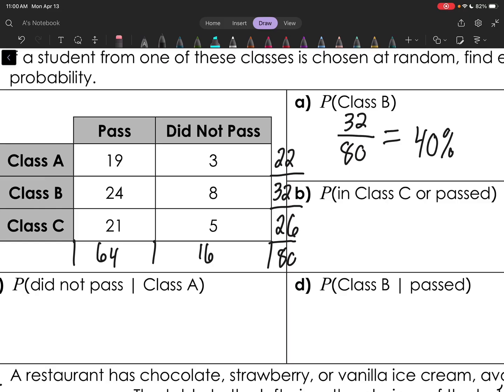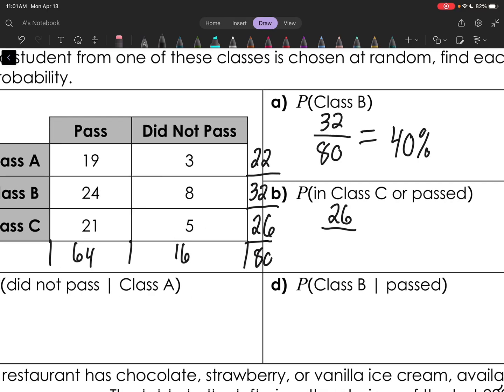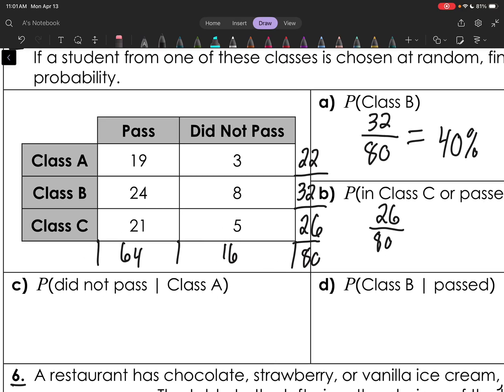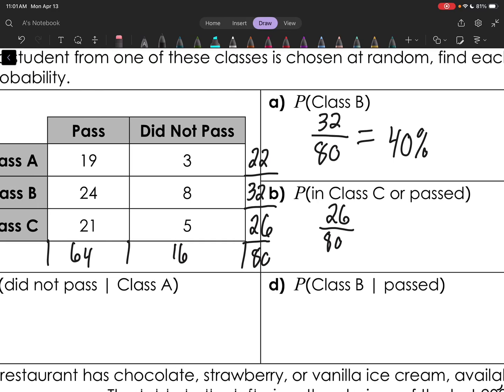What is the probability I'm in Class C or I passed? All right, the probability of being in Class C is 26 students out of my total amount. The people who passed that were not in Class C is 64 minus, well, I'll go this way first.